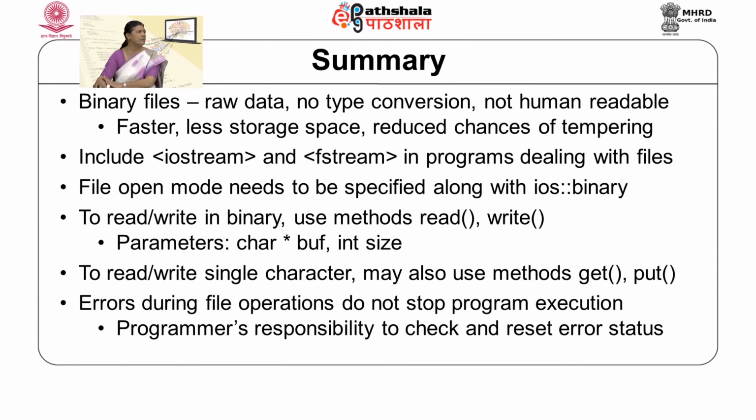So, let us summarize now what we have learnt. Working with binary files is working with raw data, no type conversion takes place, no numbers are converted to strings, or strings converted into numbers, nor are objects converted into the corresponding ASCII string or vice versa.